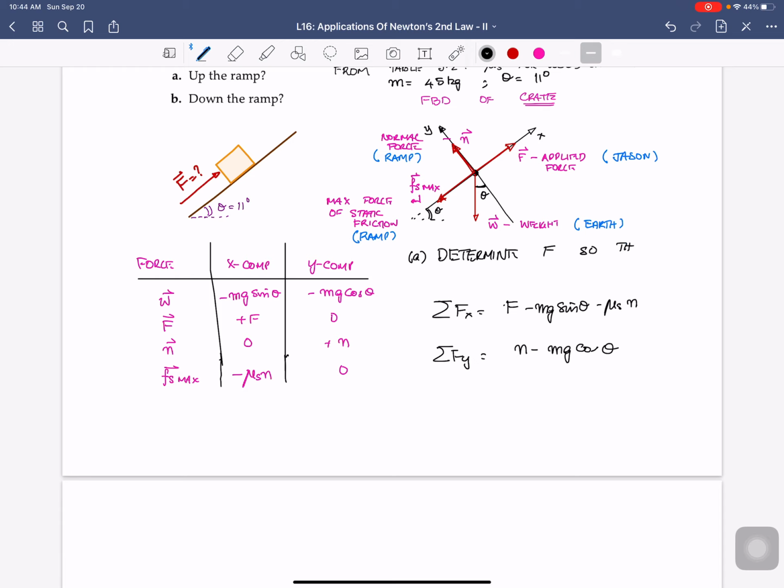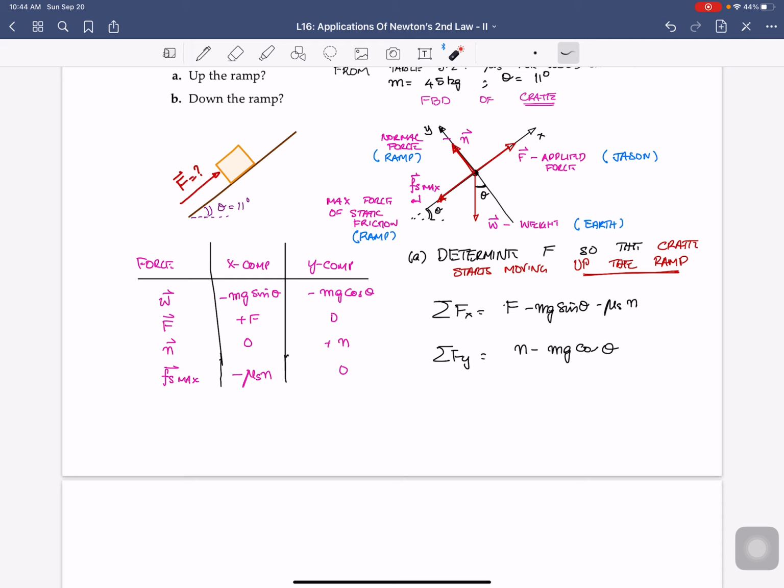So the crate starts moving up the incline or up the ramp. Okay, it's because it's just about ready to start moving up the ramp that gives us the direction of the force of static friction.